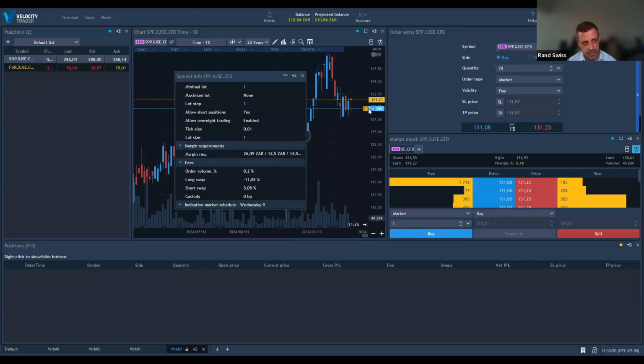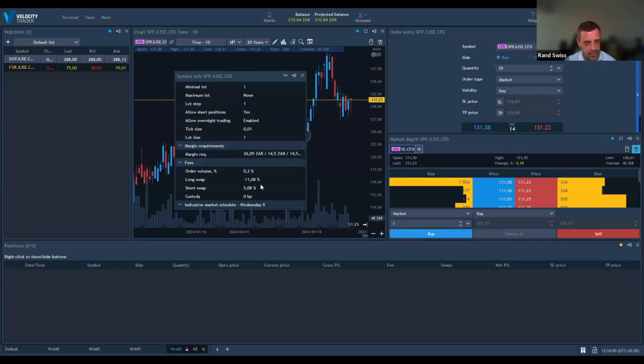The CFDs, on the other hand, are what we call leveraged. So for every SPAR CFD you buy, you only need to put down 26 Rand 9 cents. You don't need to put on this full amount. You put on this amount, and then our CFD provider, who is Netbank, they lend you the rest of the money. So whatever the difference is between 26.09 and 131.23, Netbank will lend you that money.